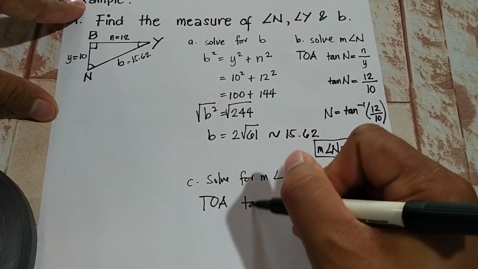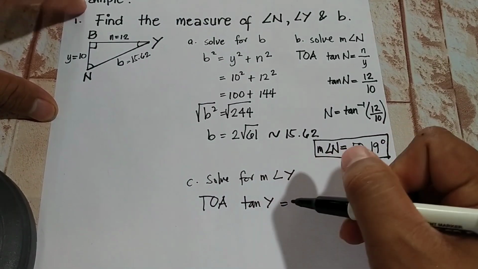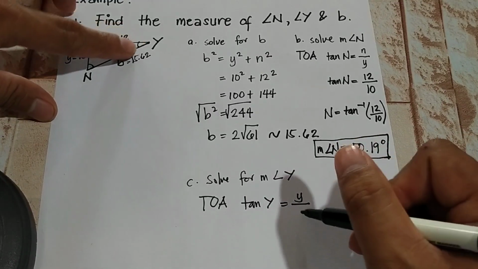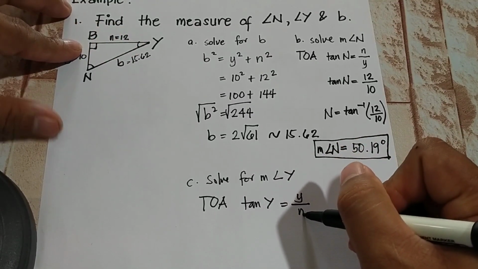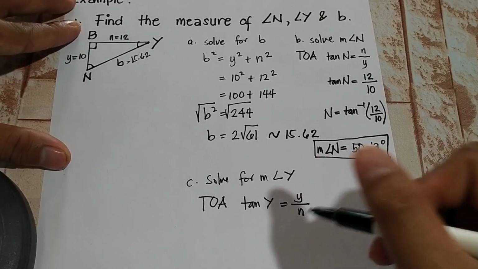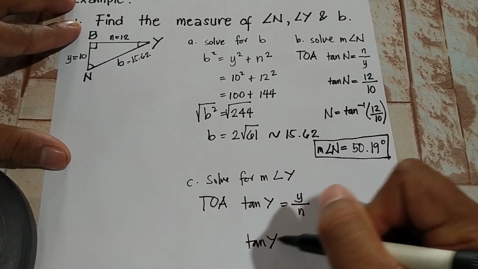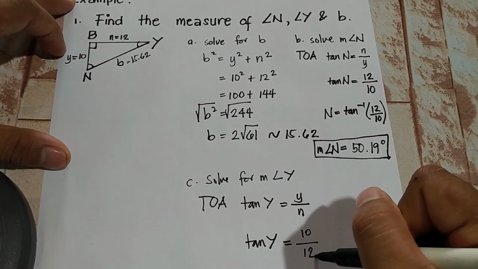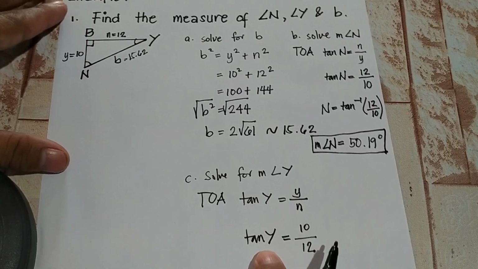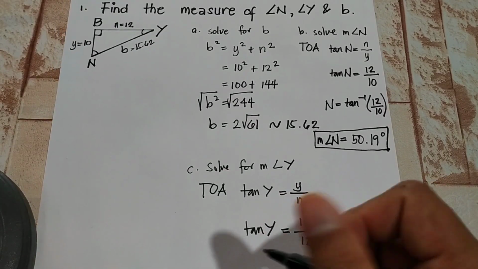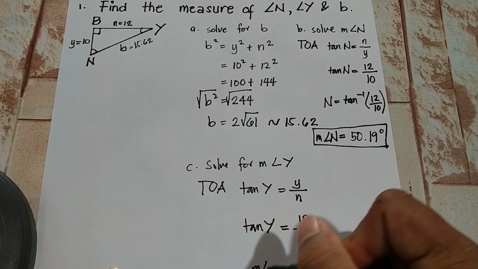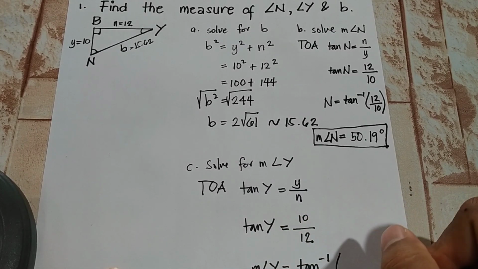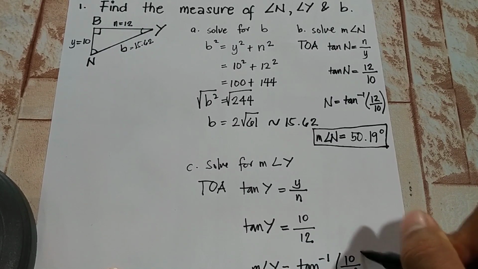Meaning tangent Y is equal to the opposite, represented by Y, over the adjacent, represented by N. By substitution, tangent Y is equal to 10 over 12. Since we're looking for the measure of angle Y, the measure of angle Y is equal to the inverse tangent of 10 over 12.